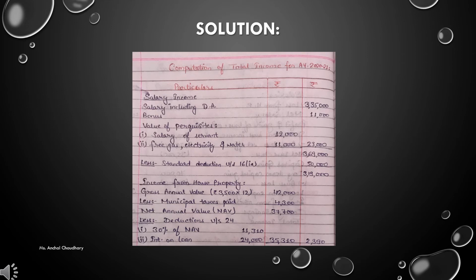And interest on loan: 1,60,000 was your loan amount, on which interest is 15%. So here 24,000 will be the amount of interest. After deducting 35,310, we get the income from house property, that is 2,390 rupees.